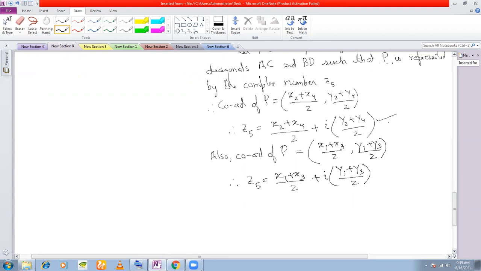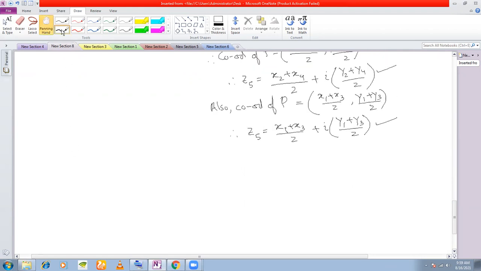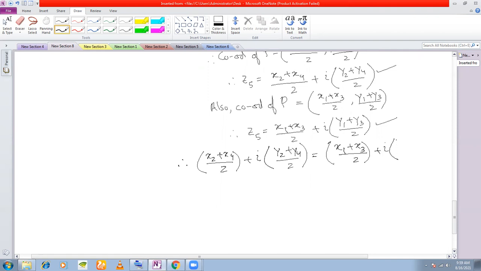So Z5 we are getting as this complex number, Z5 we are also getting as this complex number. That means they must be equal. So therefore, X2 plus X4 by 2 plus I times Y2 plus Y4 by 2 is equal to X1 plus X3 by 2 plus I times Y1 plus Y3 by 2.